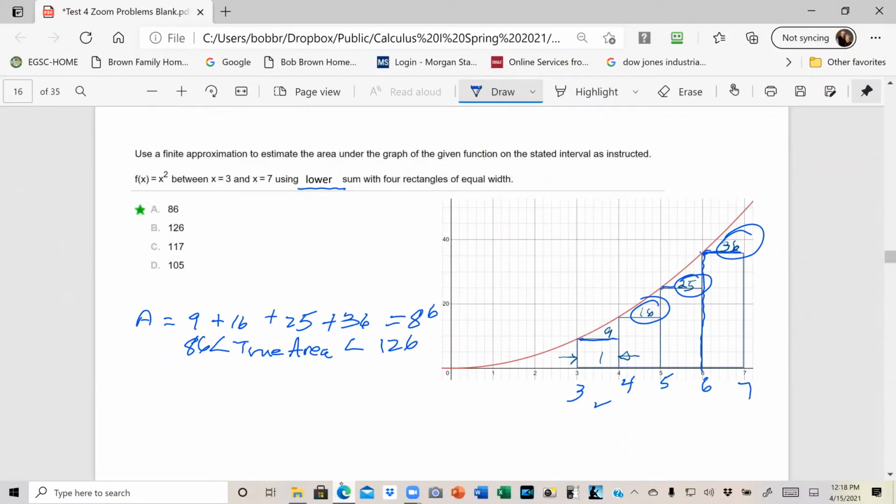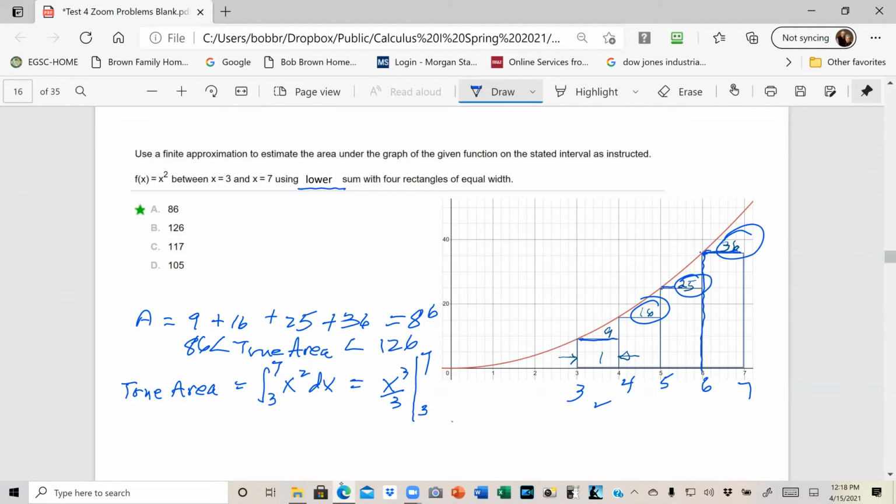And using the fundamental theorem of calculus, we can calculate the true area. It is equal to the integral from 3 to 7 of x squared dx, which equals x cubed over 3 evaluated between 3 and 7.